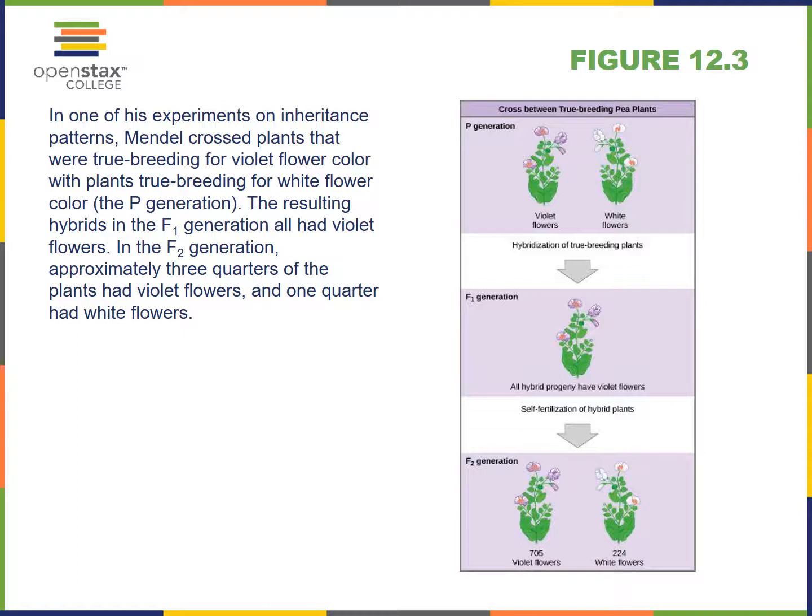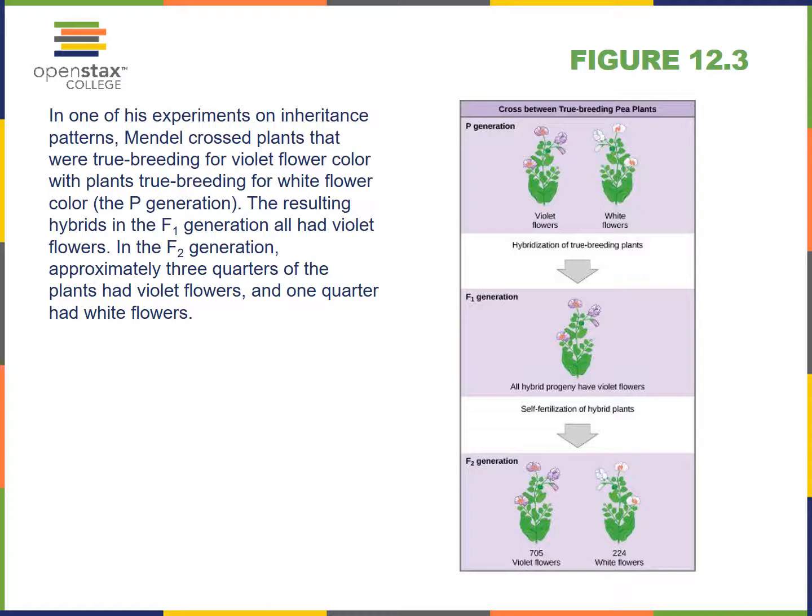Those offspring are called the F1 generation, or the filial one. In his experiment with flower color, the F1 generation all made purple flowering plants. So the offspring between crossing a purple flowering plant and a white flowering plant that were true breeding, homozygous, created a F1 generation that was 100% purple flowering plants.